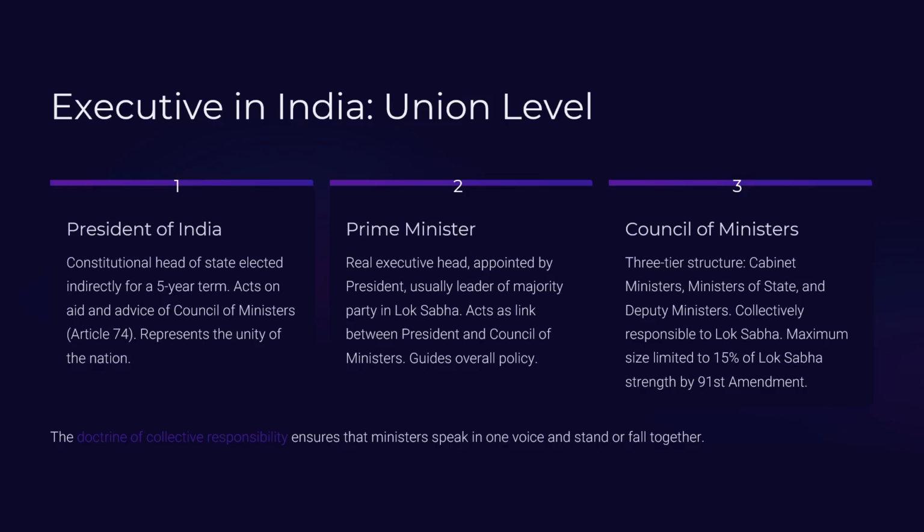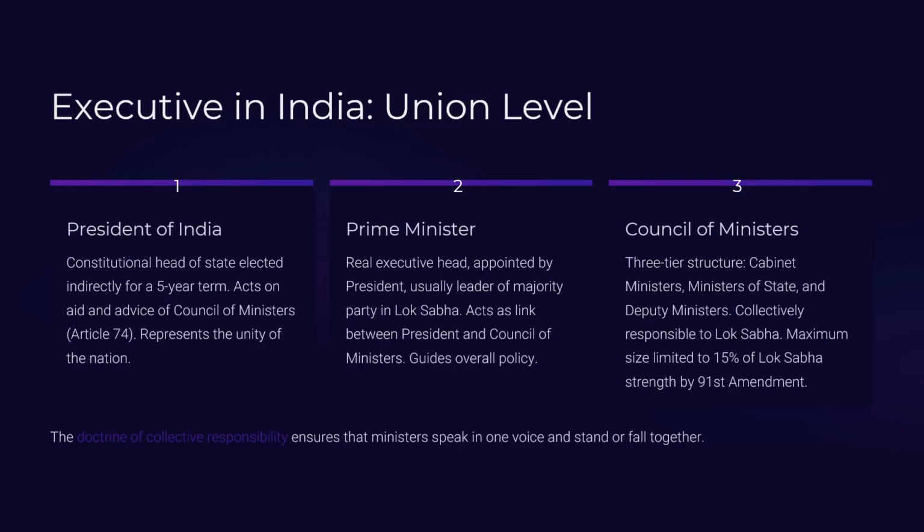Then it comes to the Prime Minister. He is the real executive head, appointed by the President, usually the leader of the majority party in Lok Sabha, acting as a link between the President and the Council of Ministers, and guiding overall policy. Then the Council of Ministers has a 3-tier structure: cabinet ministers, ministers of state, and deputy ministers.